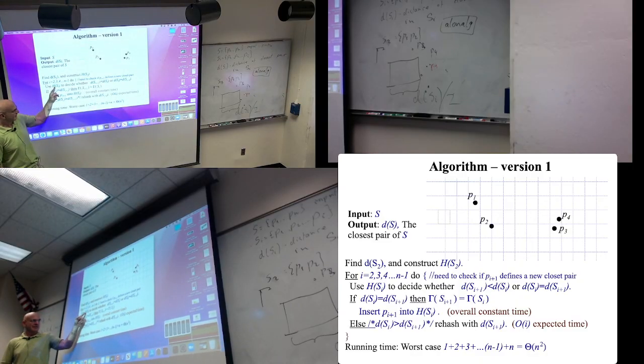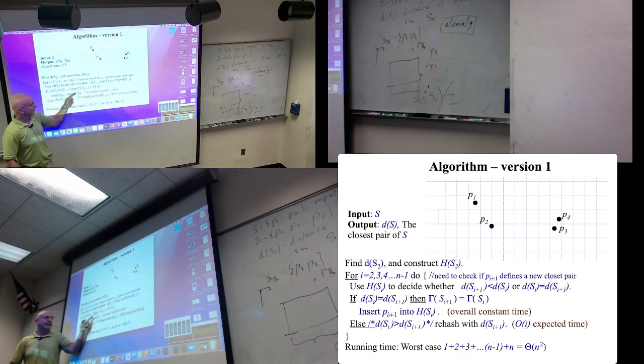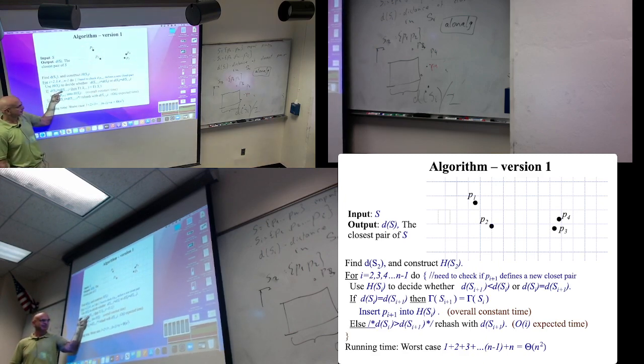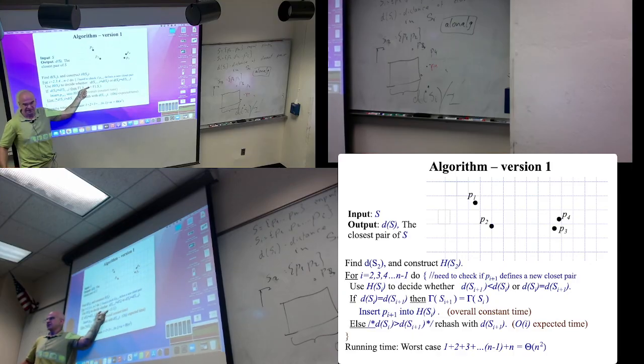I'm using the hash table that I created so far to check if the distance of the closest pair, because of adding P(i+1), did the distance decrease? If the distance did not decrease, then I know what will happen in the future. My grid stays the same.